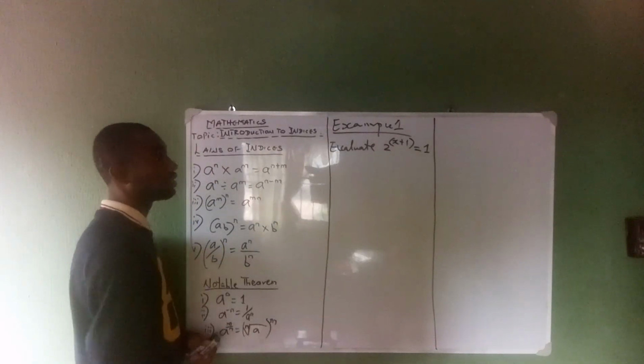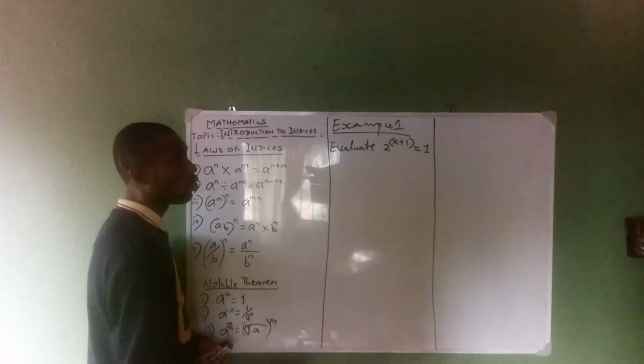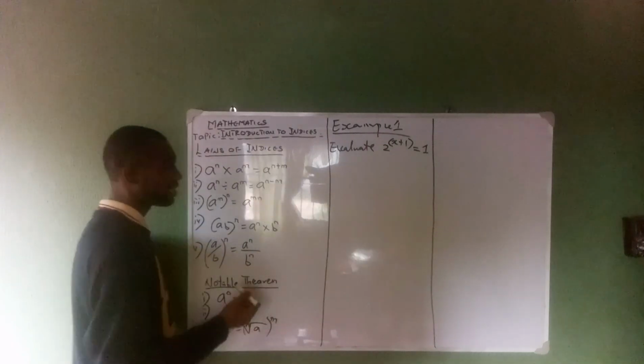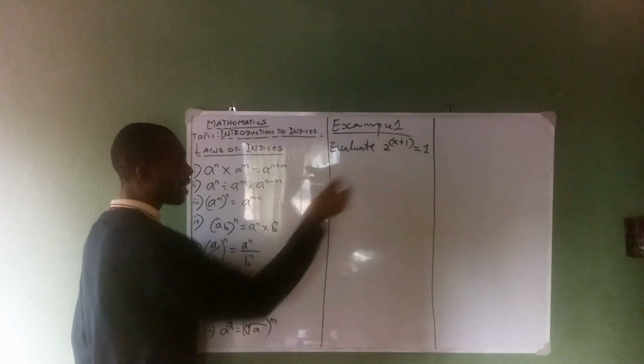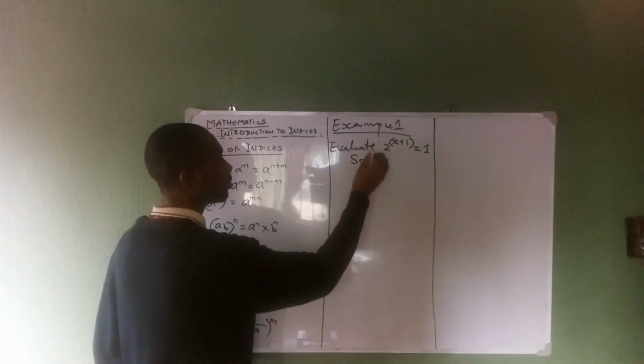This is a question on indices. We are asked to solve this question. In solving these questions, we must remember that we have basic principles that guide them. Now, we'll say solution.